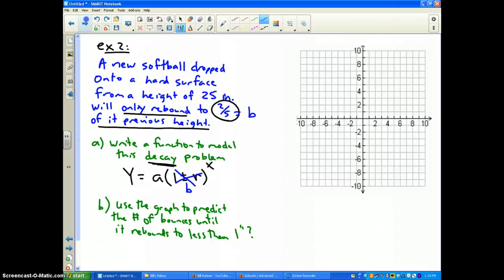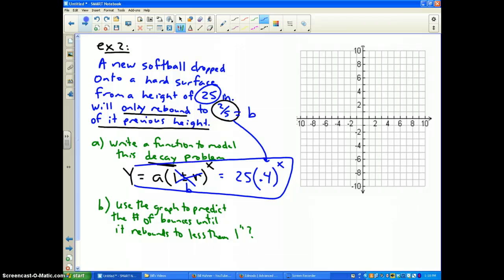All we got to use is A B to the x power. So our original starting height is 25. Our B value is 2/5. Now I'm going to change that to a decimal. That's 0.4 to the x power. And there you go. There is your function for this decay problem. And it's decay because that number is less than 1.